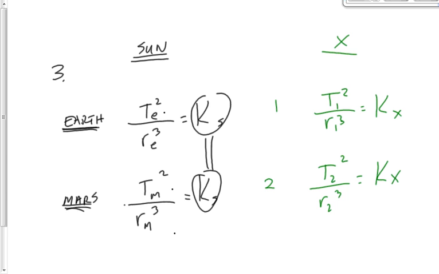So again, Kepler's constant for star X is the same regardless of whether you use planet 1 or planet 2's data. What does that really tell us?